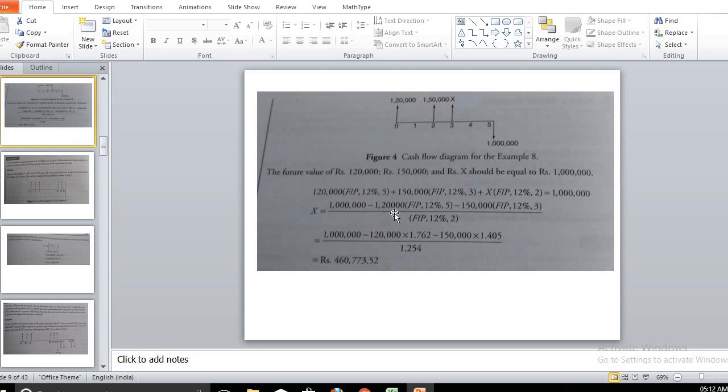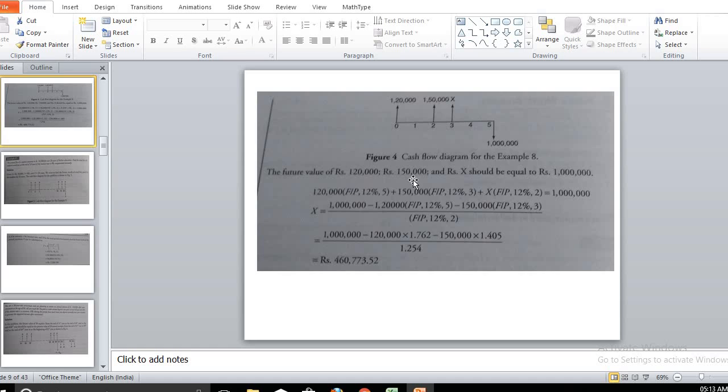This is the cash flow diagram. At the end of the fifth year, the future worth we want is 10 lakh. He invested 1,20,000 initially, 1,50,000 in the second year, and for the third year, how much should he invest so that he gets 10 lakh at the fifth year?